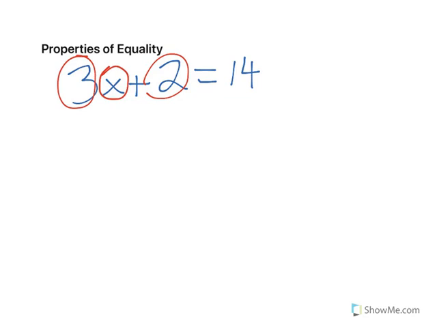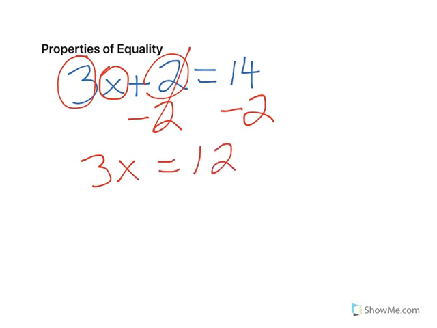So we're going to subtract 2 from the left side using the subtraction property of equality. So if I subtract 2 from the left, I have to subtract 2 from the right. And 2 minus 2 is 0, so those cancel out. And I'm left with 3x on the left, and 14 minus 2 is 12.